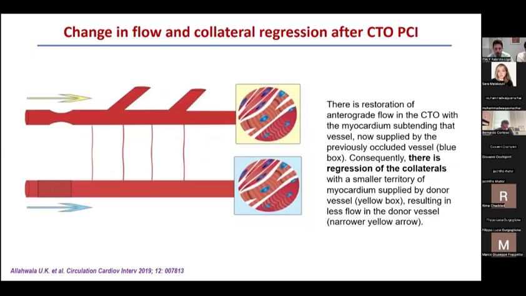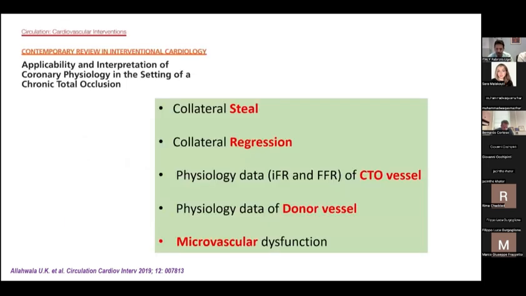When we reopen the CTO, the flow in the donor vessel also changes: the absolute flow is reduced. We have a normal flow in the reopened CTO artery, so we have a regression of septal branches and collaterals, so we also have the resolution of the steal.